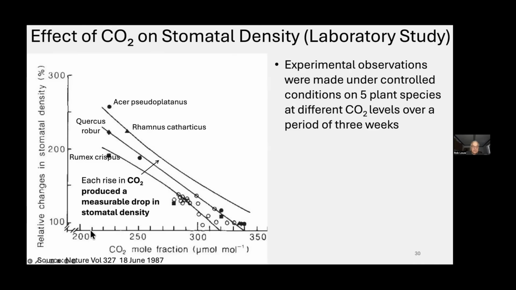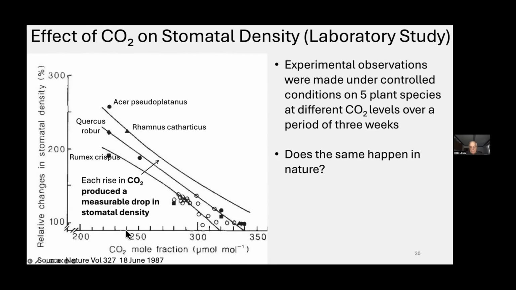You can see on this graph the relative change in stomatal density on the vertical axis, and on the horizontal axis, the carbon dioxide mole fraction. As you can see from the diagram, each rise in carbon dioxide produces a measurable drop in stomatal density.